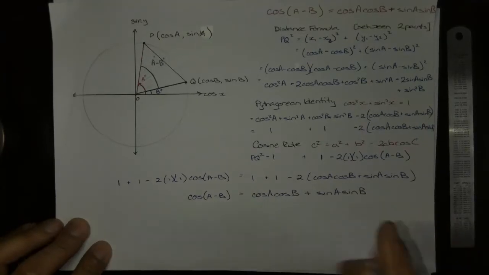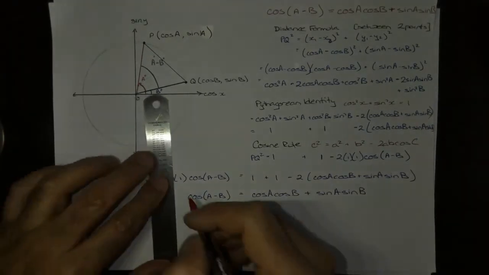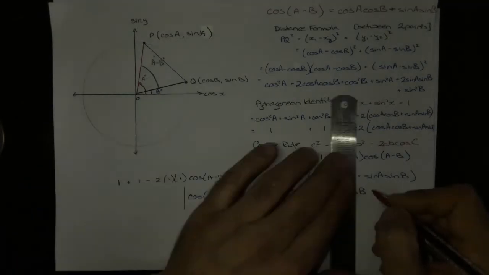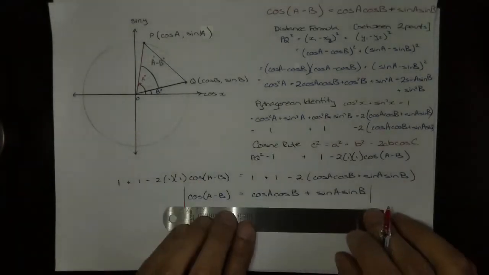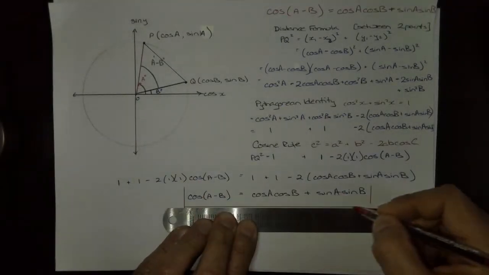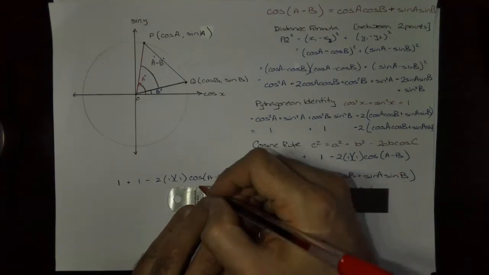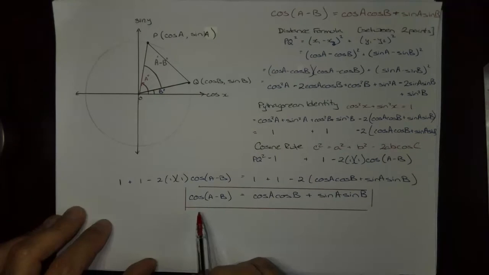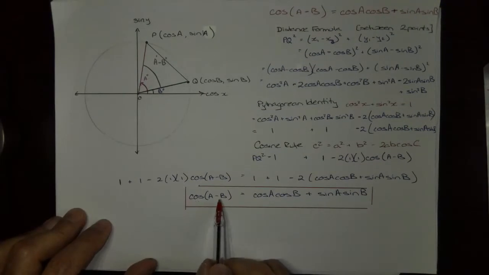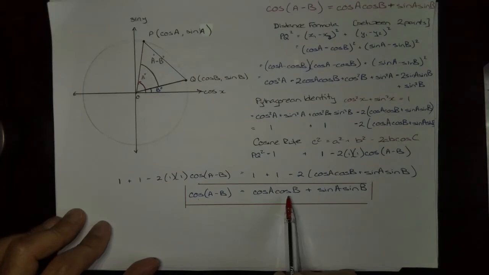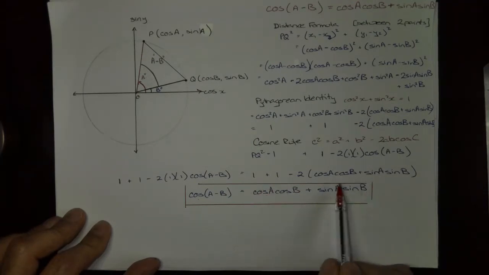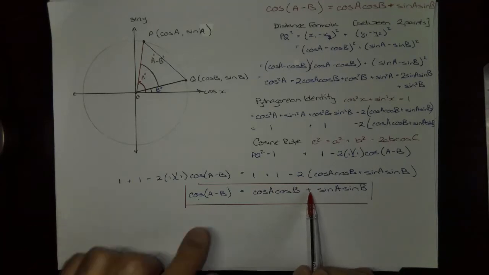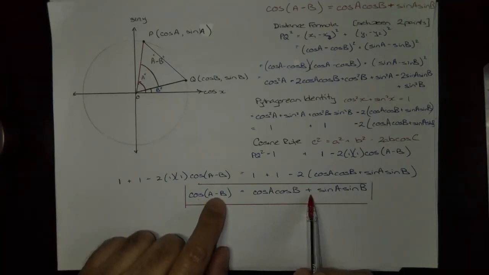Okay. I want you to notice the fact that we have the angles subtracted from each other, and that will give us cos A cos B, these are the same, and sine A sine B, with the sign changed to a positive.